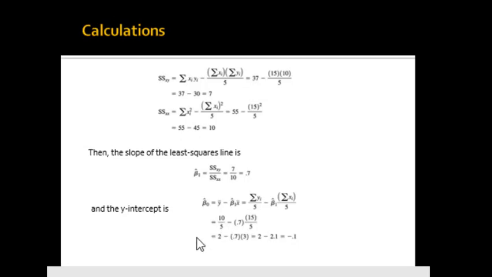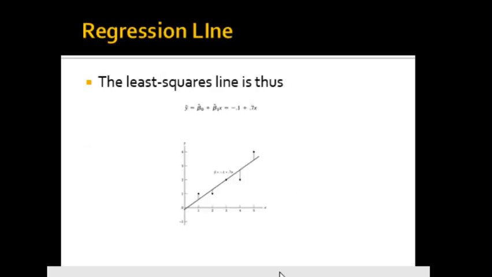And when we solve it, we get negative 0.1 as the estimate. So our straight line equation that we fit through this data, the least squares line, is y hat equals negative 0.1 plus 0.7x. And this is the least squares line, which minimizes the sum of squares of errors.